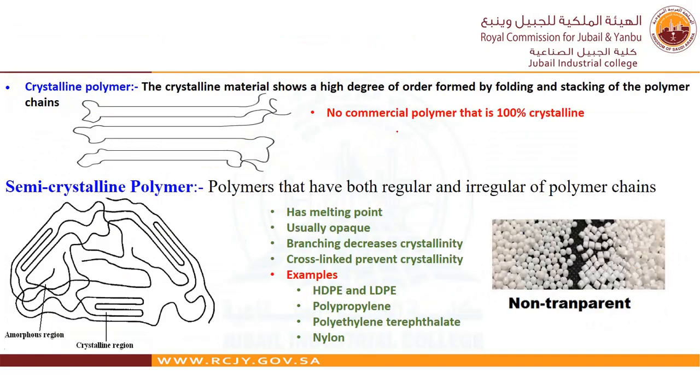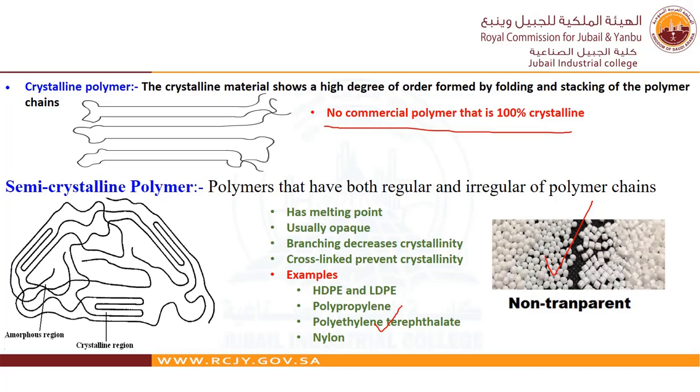And then, of course, we don't have polymers that are 100% crystalline, but we have semi-crystalline polymers that are inherently not transparent. They are opaque, and they are produced in different degrees of crystallinity. Examples of those polymers are high density and low density polyethylene, polypropylene, and polyethylene terephthalate. But as I said, some of these polymers can be changed during processing.